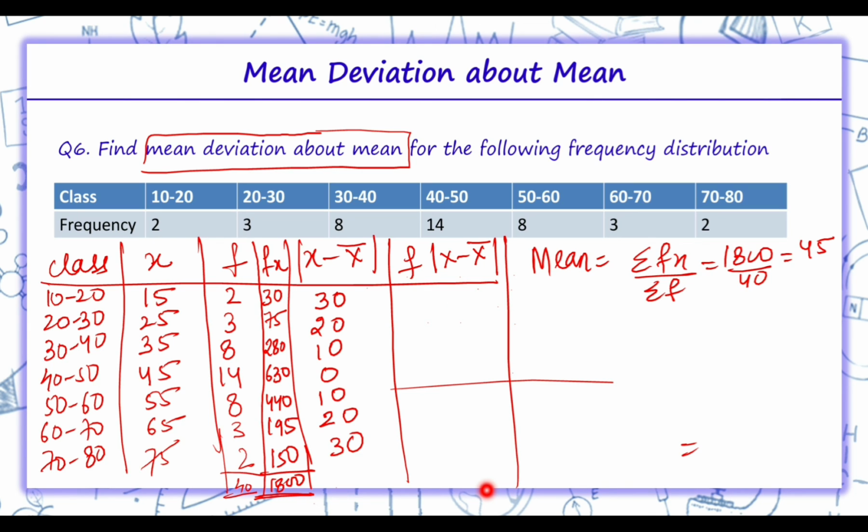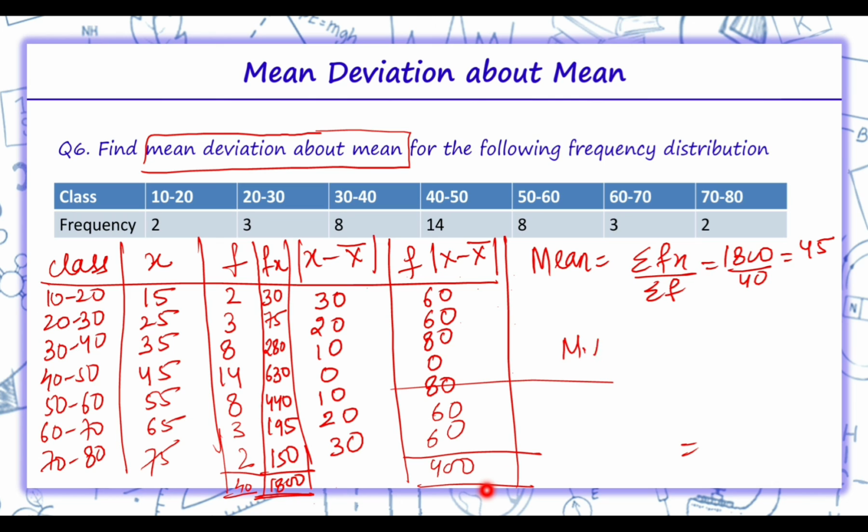Multiplying f into mod of x minus x mean: 2 into 30 is 60, 3 into 20 is 60, 8 into 10 is 80, 0, then 80, 3 into 20 is 60, 2 into 30 is 60. Its summation is 400.